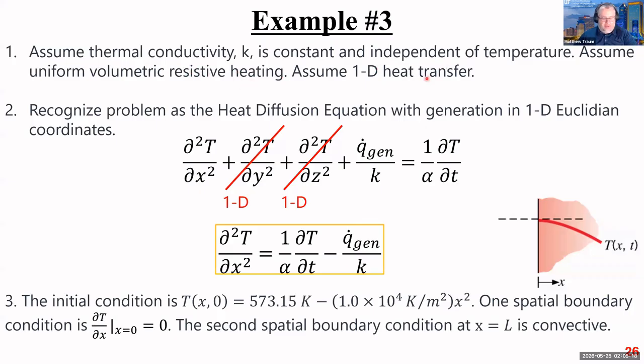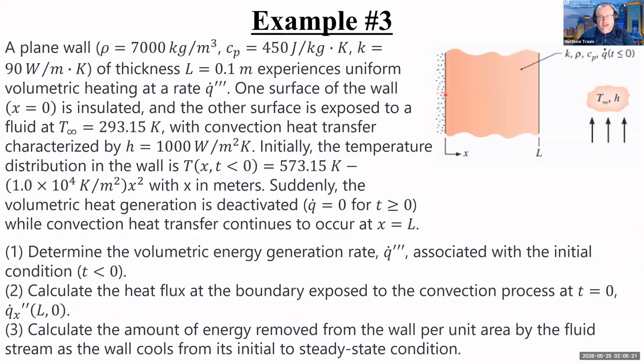And then I've got one-dimensional heat transfer, right? So one-dimensional means in the x direction from this hot surface towards this cold surface. I do not have heat transfer in the z direction, up and down, and I do not have heat transfer into the page or out of the page.